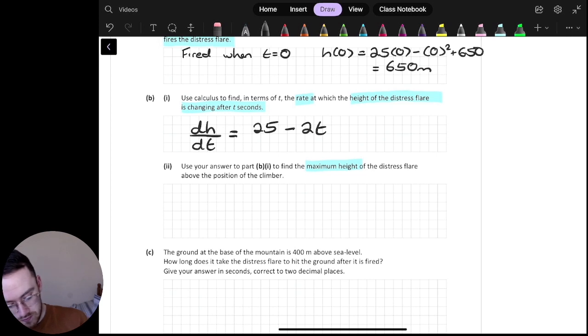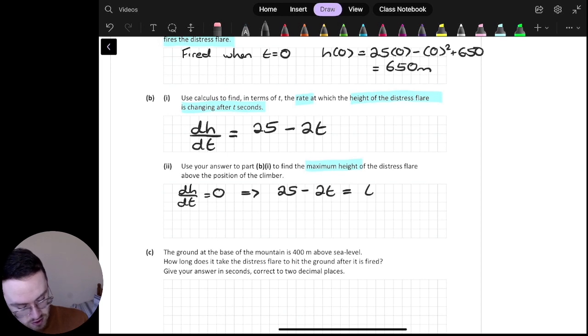So at that point, dh dt will be equal to 0. So that's going to be 25 minus 2t equal to 0. So I have 2t is 25, t is 25 over 2.